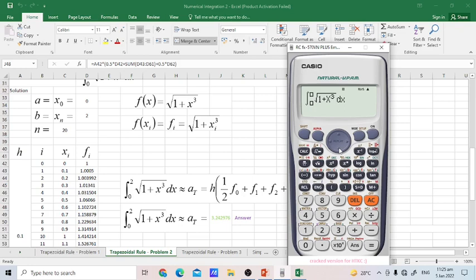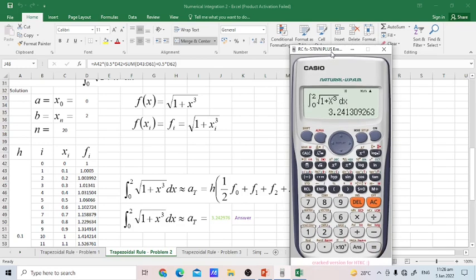So the exact value is 3.2413. With n equals 20, we have 3.242976, and the exact value is 3.2413.